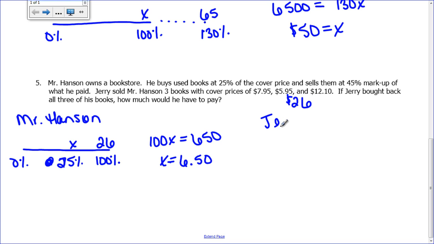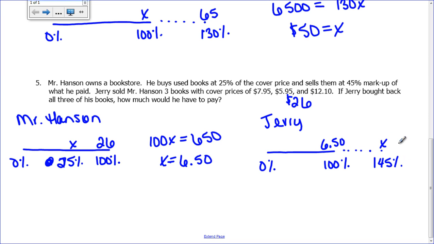So we've got to find out what Jerry's going to pay. So now Jerry has to pay 45% more than this $6.50. Right now they're at $6.50, but Mr. Hanson's going to mark them up 45%, so Jerry's going to have to pay 145% of that.